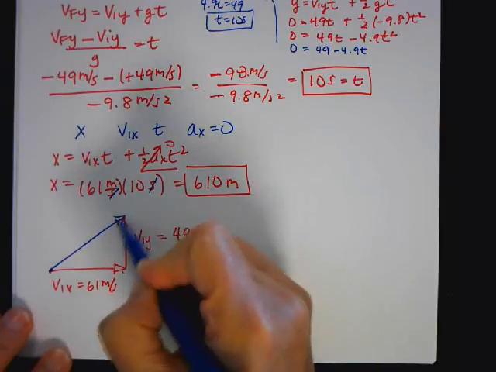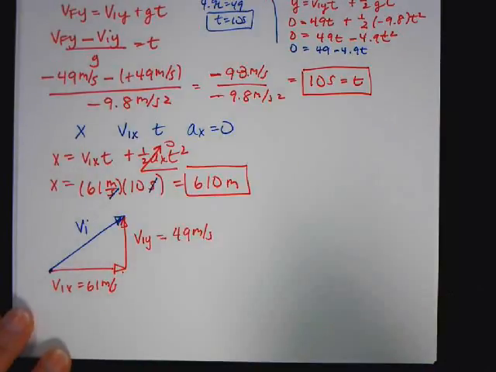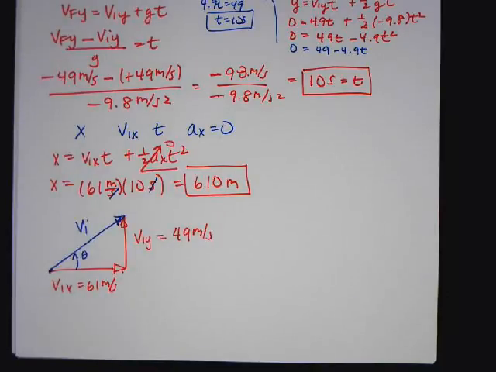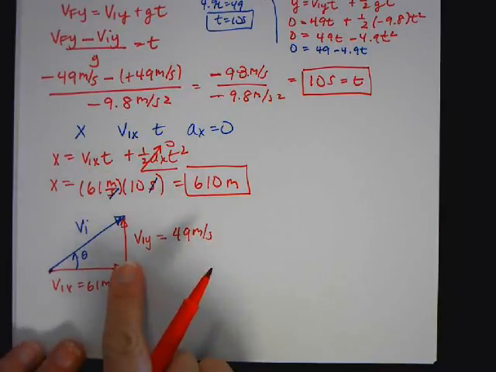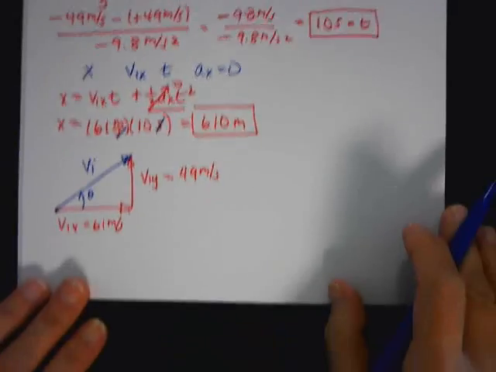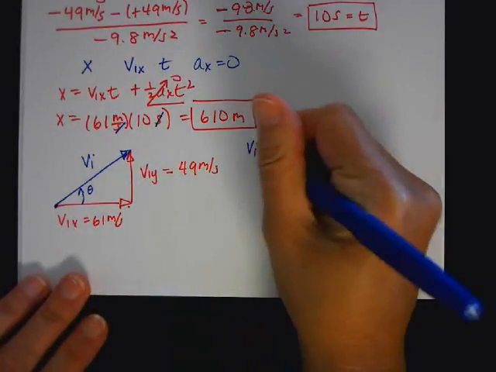And then here, don't forget, velocity is a vector quantity, which means it has both magnitude and direction. So in order to find that, this is obviously a right triangle, so I can use the Pythagorean theorem. So I can say that VI is equal to the square root of VIX squared plus VIY squared.